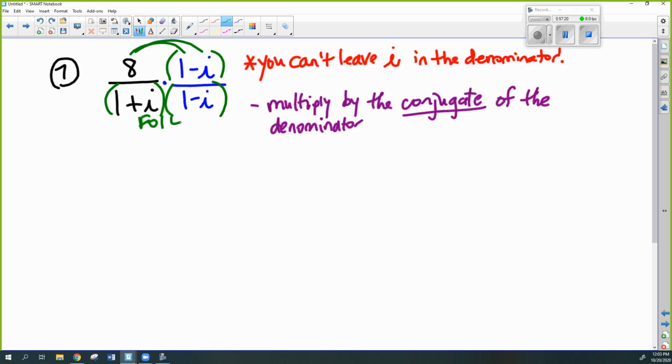Okay? So let's see. We get 8 minus 8i on top when I distribute. And then on the bottom, first, outer, inner, last. All right, what happens to the i's in the middle?